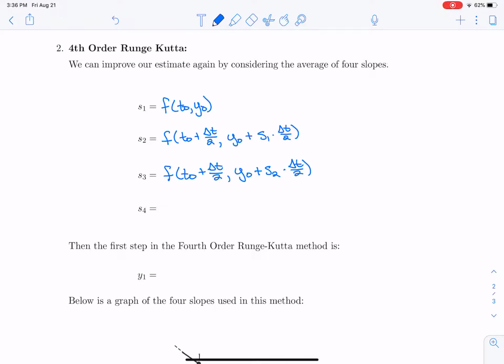And then finally, for the fourth slope, let's go a full time step forward. But again, instead of using the first or second slope, we're going to go forward a full time step in our solution using the third slope, the one that we just calculated, for a full delta t.